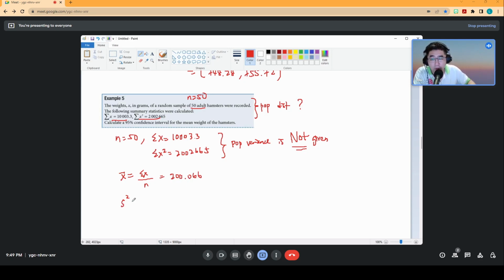Then I have s squared, which is 1 over n minus 1 of sum of x squared minus sum of x, the whole thing squared, over n. So I fill in my information. 1 over 49 of 2002665 minus 10003.3 squared over 50.